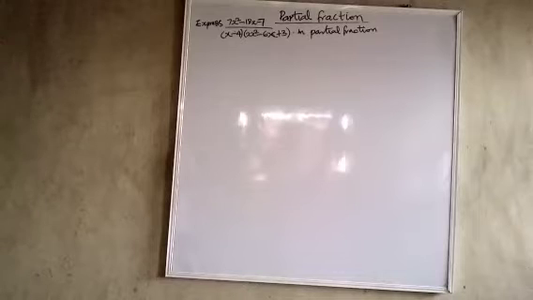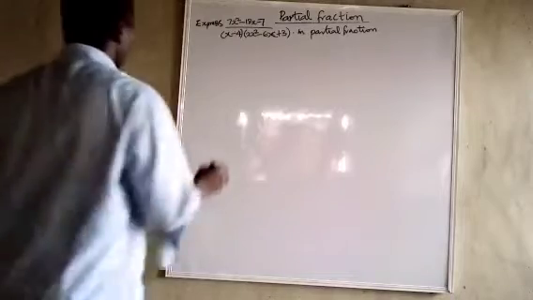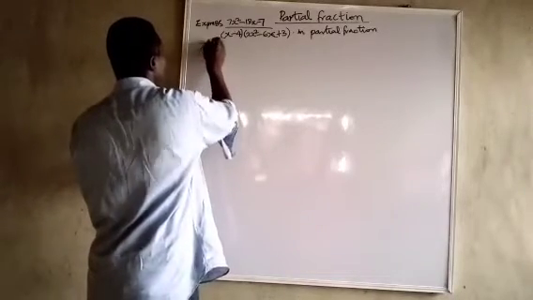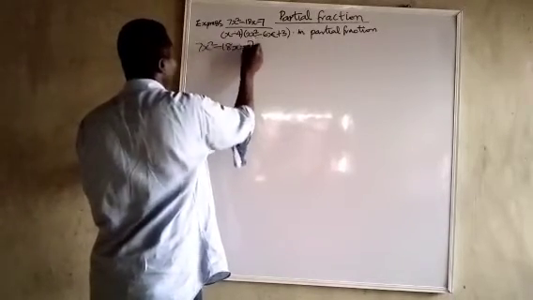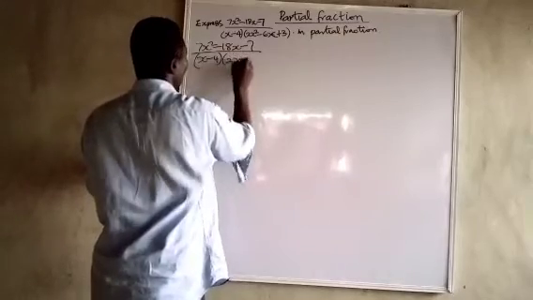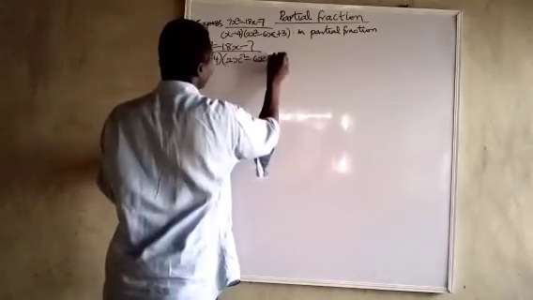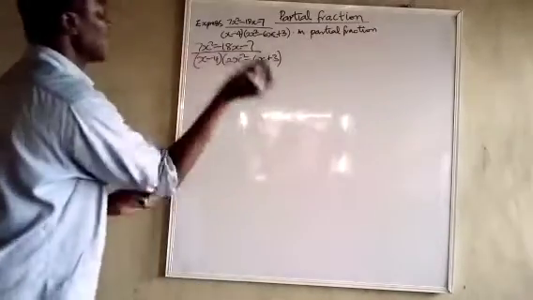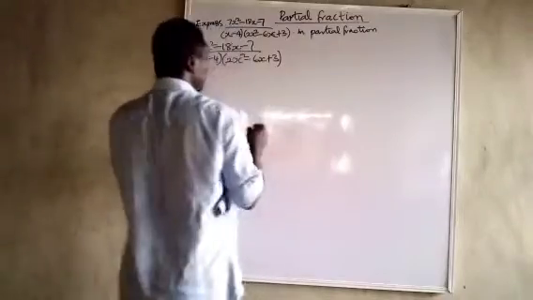Now look at the other example. We have (7x squared minus 18x minus 7) divided by (x minus 4) multiplied by (2x squared minus 6x plus 3). So we follow the same pattern like we did the other time. Since we are now used to the pattern, let's go straight.